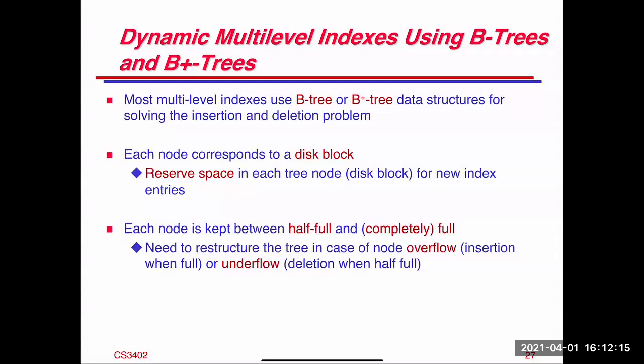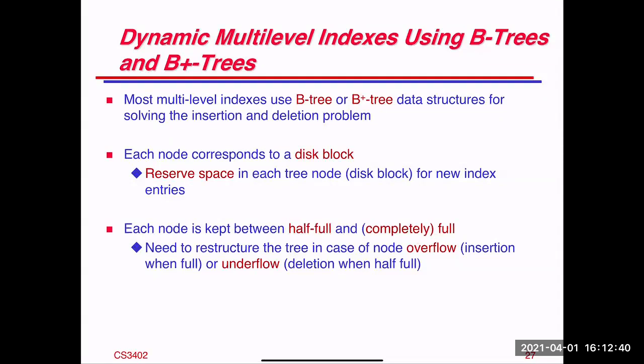Now, each tree node is kept between half full and completely full. Of course, this does not apply if the tree just consists of the root. And this means that I need, in some cases, to restructure the tree to ensure this invariant, right? So that no node is below half full and no node overflows.